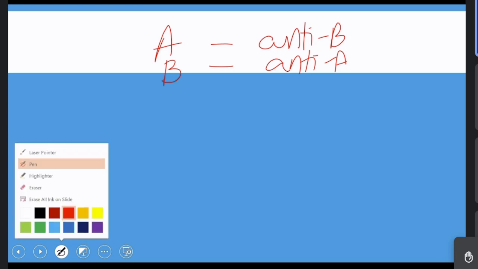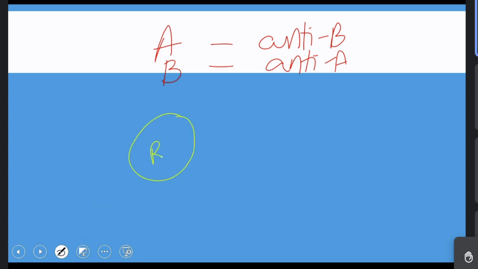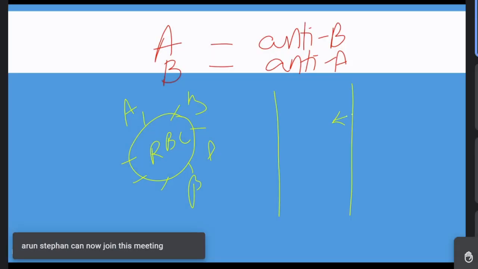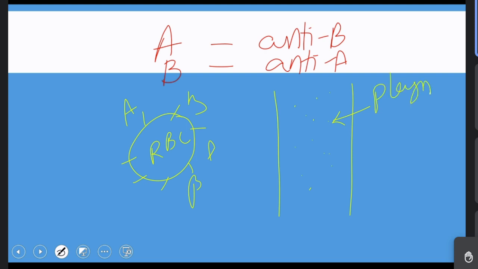So where are these located? On the RBC, the antigens are present on its surface. Then what about the antibodies? They are said to be present in the plasma. When the plasma is collected and allowed to clot, fibrinogen is removed, and plasma minus fibrinogen is called serum.